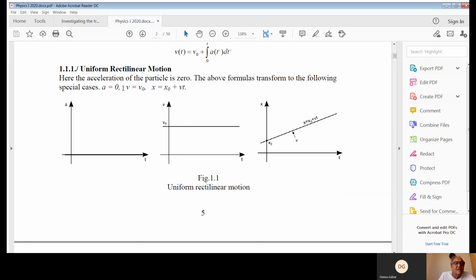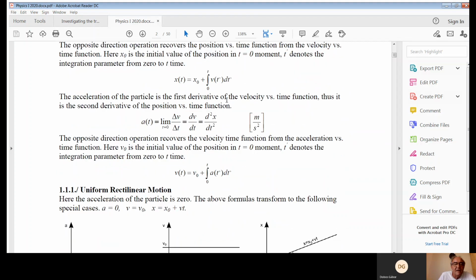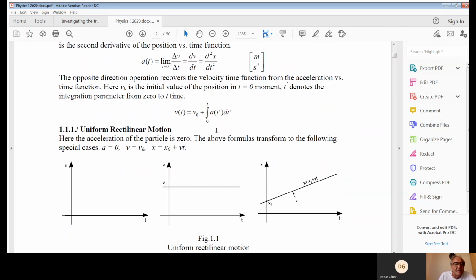This one: acceleration is 0, velocity is constant, and the position is this. If we watch, we can carry out this in here. If we have a 0 acceleration, then this is giving us 0 here, and the velocity will be constant.